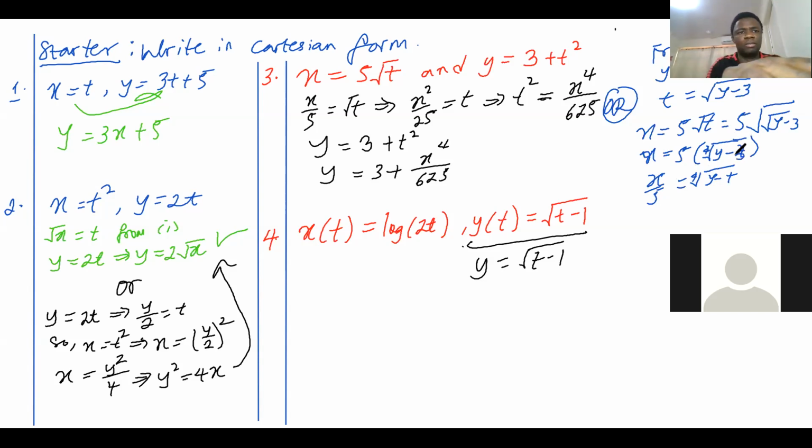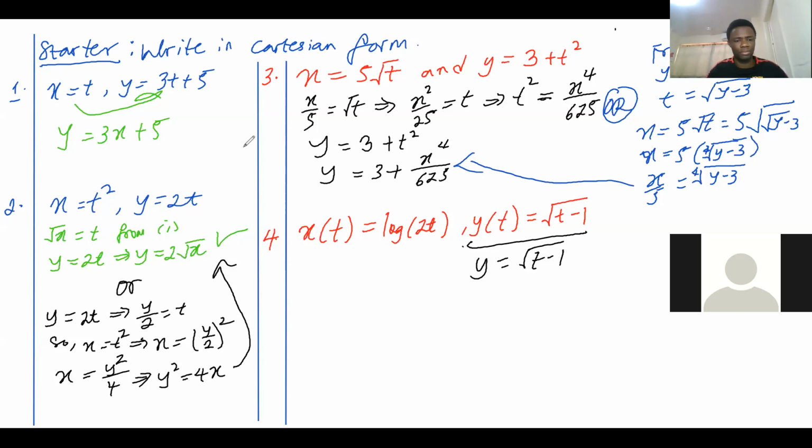And when you raise both sides to power 4, you get x over 5 to the power 4, which is this. Okay, and then you take 3 to the other side. Can you see that it's the same thing? Okay.